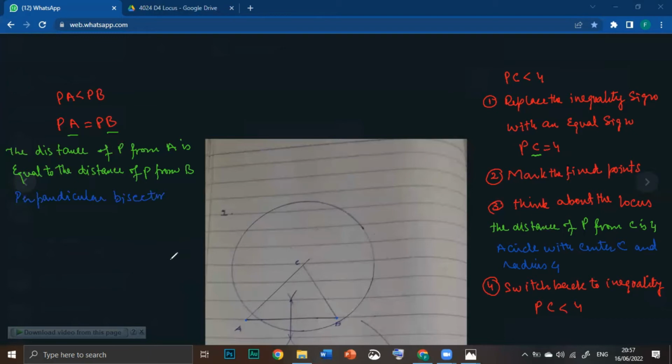Now switch back to inequality. We will write down PA is less than PB. So observing this inequality, we should remain close to A or close to B?